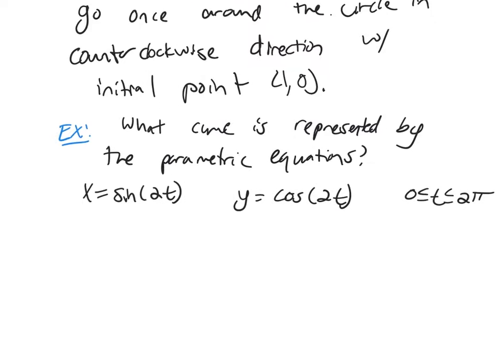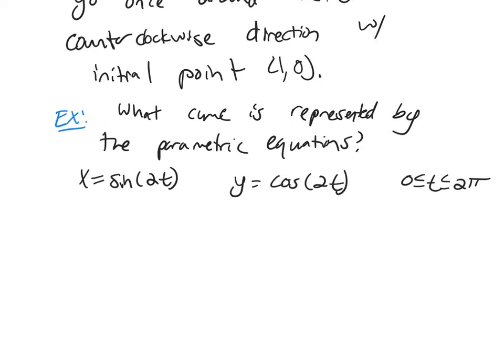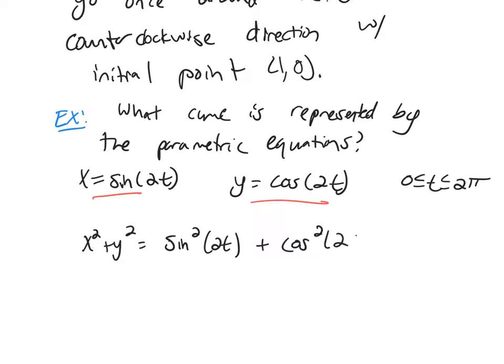Well, if we go back and look at what we did at the end of the last problem, x squared plus y squared, for these parametric equations, you'll have sine squared of 2t plus cosine squared of 2t.